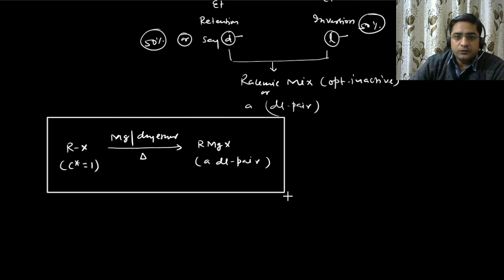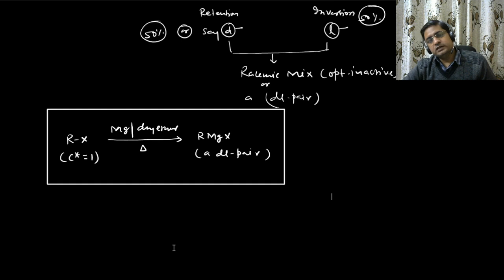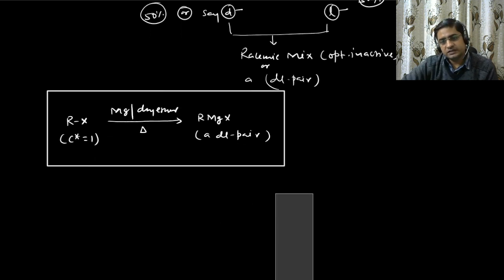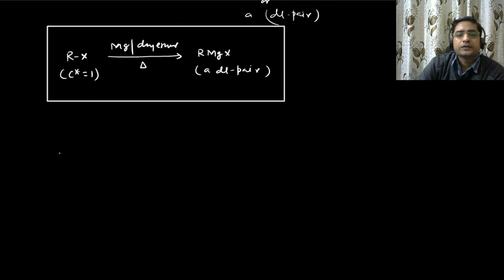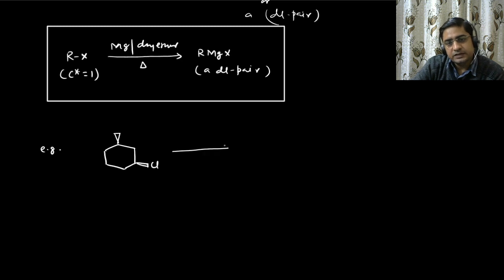Sometimes we could have more than one asymmetric center in the RX, like this, and we warm it with magnesium, dry ether and heat.